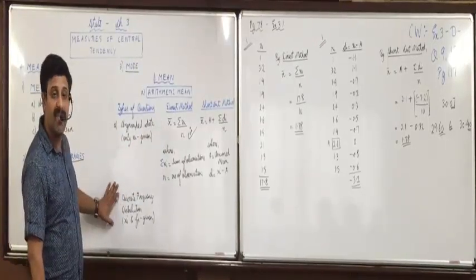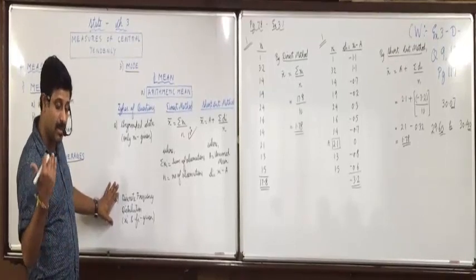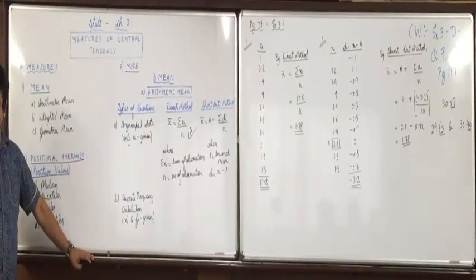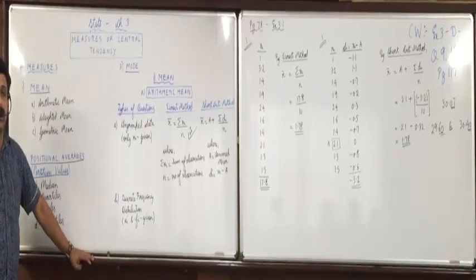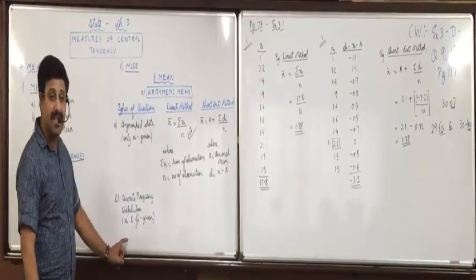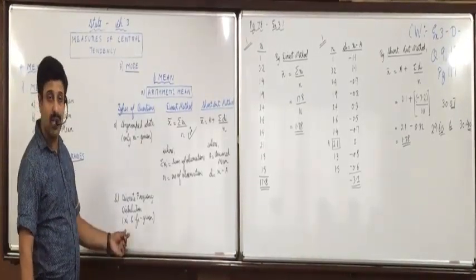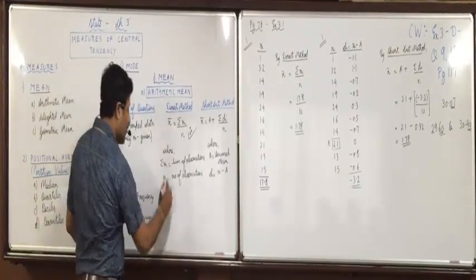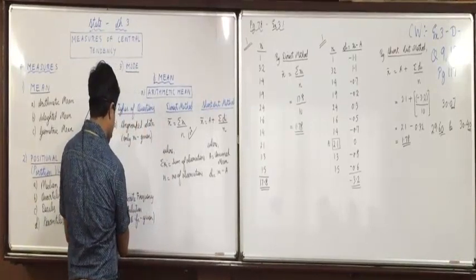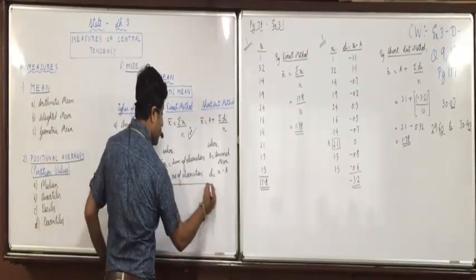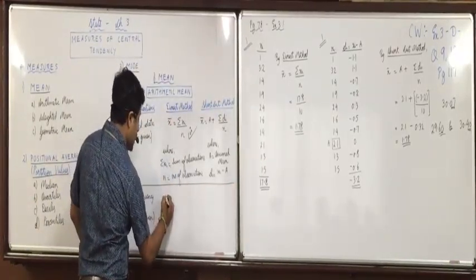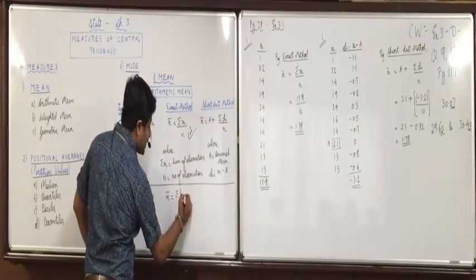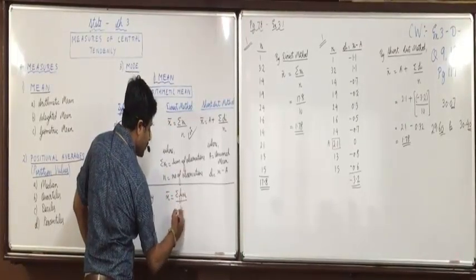Now, discrete frequency distribution. Come back to the summaries page, formulas page. Understand the formula of discrete frequency distribution, that also we take up today. As I said to you, in discrete frequency distribution, observations and frequencies will be given. This formula will become x bar is equal to sigma fi xi upon n.